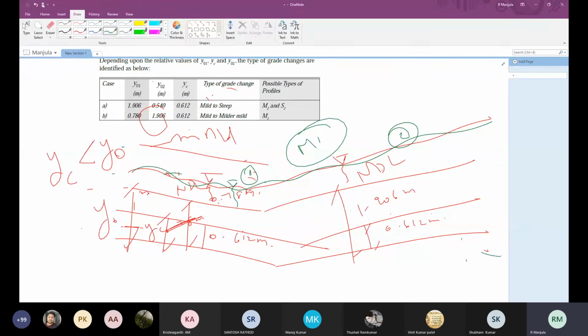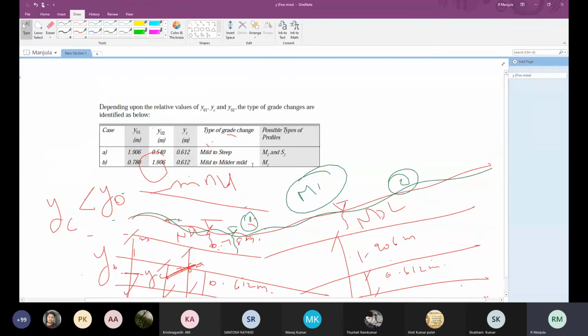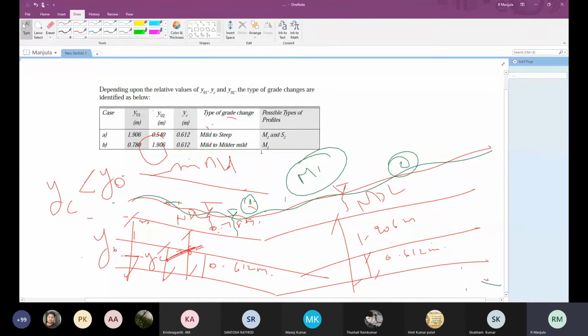Okay, it is actually above the normal depth line, and hence it is changing from mild to milder. So the possible type of profile is M1 profile. So similarly, you can do many problems in this. You can identify the type of profile for both rectangular and trapezoidal channels, and what type of profile it has.